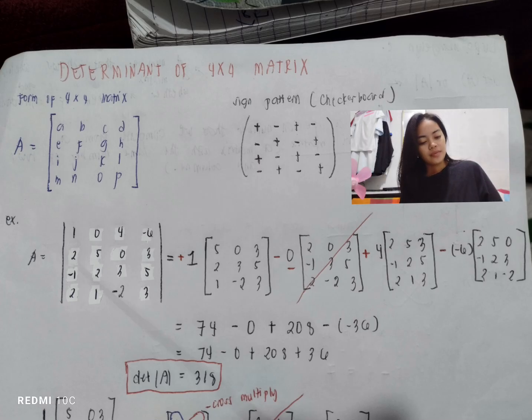So, we have 74 minus 0 plus 208 plus 36, because a minus and a negative sign, when combined, result in a positive sign. So we have here 74 minus 0 plus 208 plus 36, and the answer is 318. So our determinant of A is equal to 318.